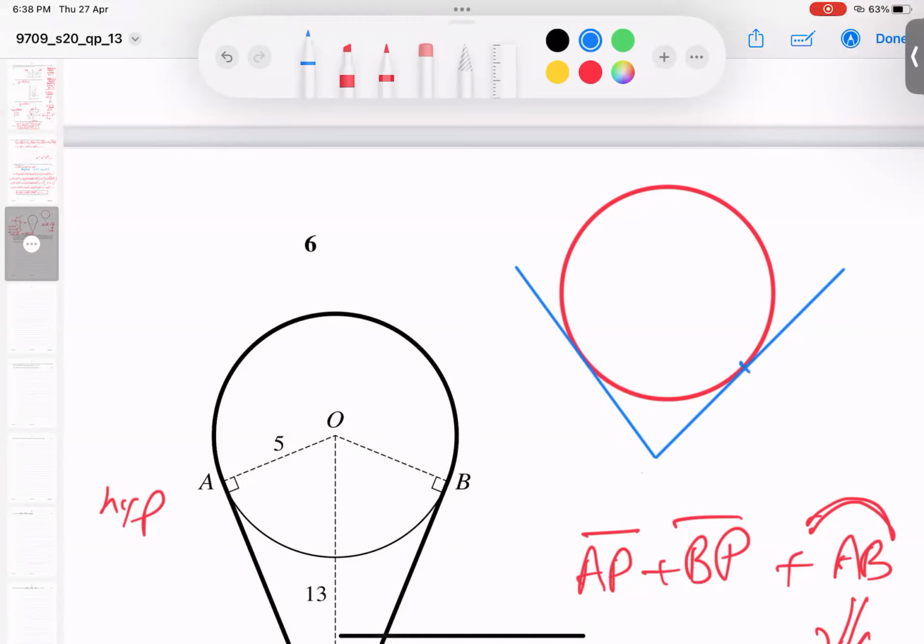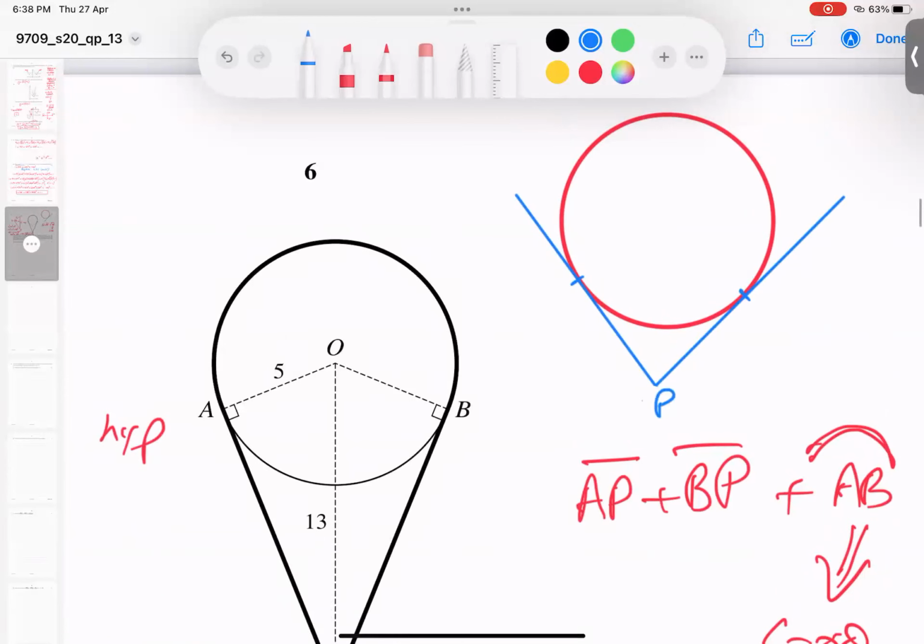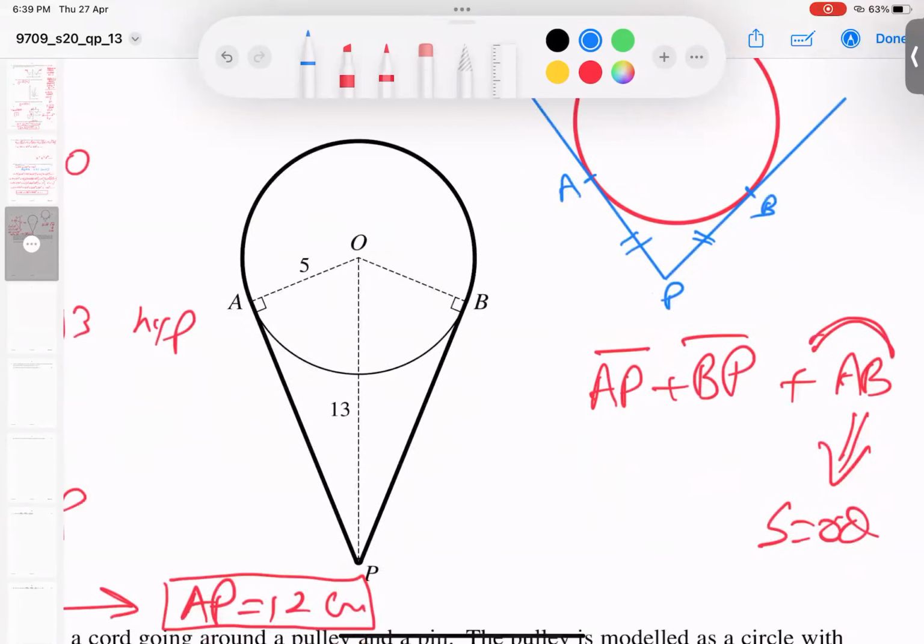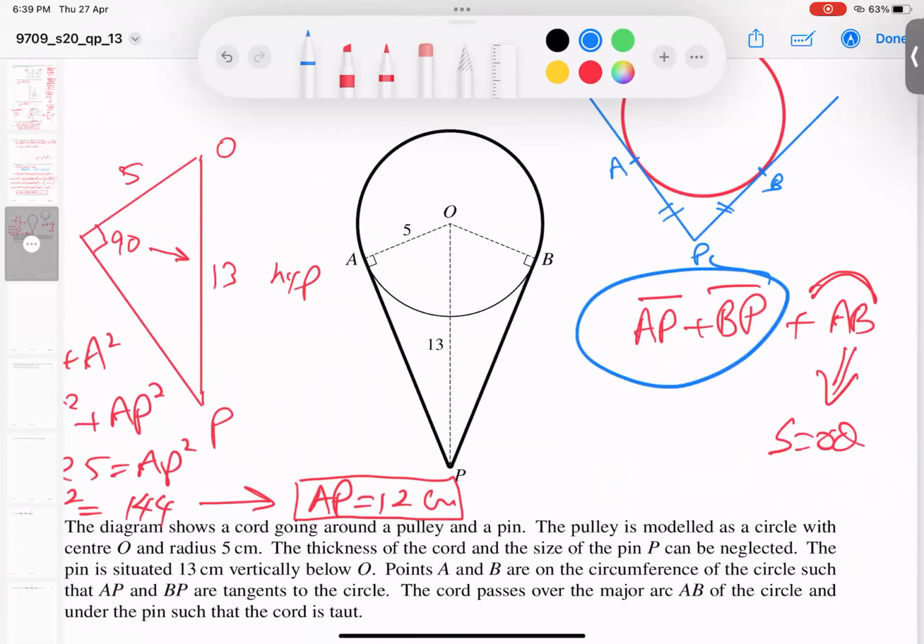This is a tangent property done in O levels: the distance P to B and P to A always equal each other. This is a property done in O levels circle properties. So clear. So in this sense, AP and BP are the same, both are 12. So one job is over.